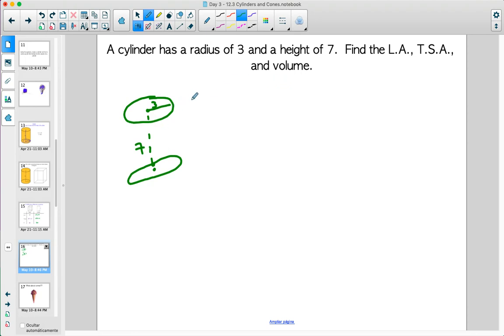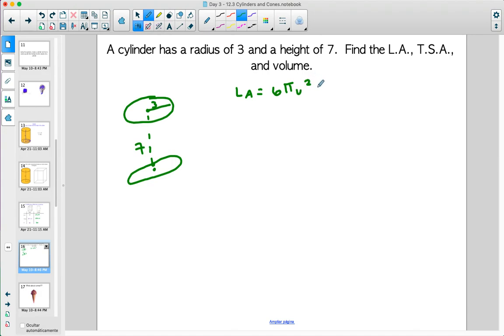Okay, so let's go ahead and find the lateral area. All right, lateral area is, remember, perimeter or circumference. So we want to find the circumference of the circle, which is 2 pi r, which is 6 pi units squared.